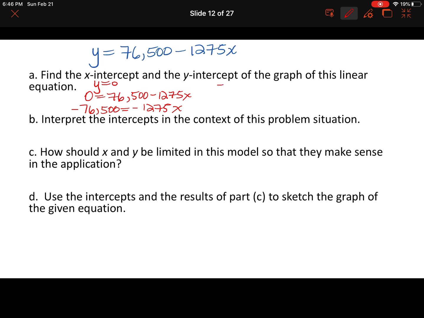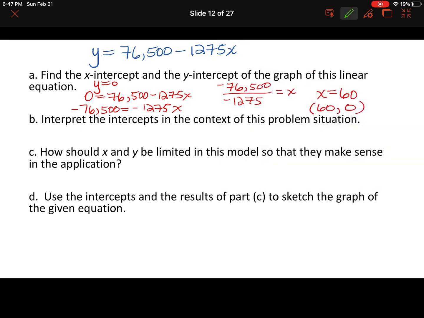Undoing the multiplication, we have negative 76,500 divided by negative 1275 equal x, and that gives us the x-intercept is equal to 60. What does that tell us? X-intercept is 60, so that's after 60 months. The amount owed is 0. All right.